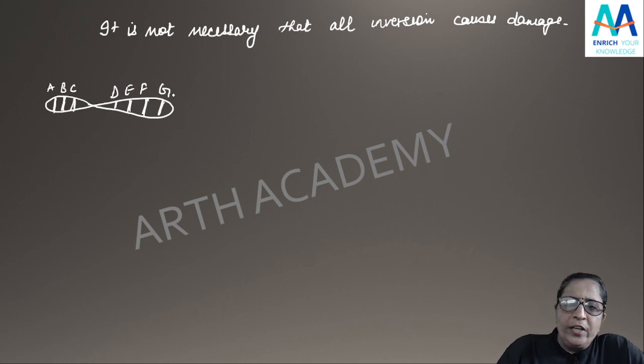So during inversion what I told you, there should be two cuts. If in this case the cut is, I will make a different color, if the cut is between the two genes, it does not hinder any of them. यहाँ पर कट है लेकिन ये जीन्स के बीच में से नहीं है. सपोज ये कट यहाँ से हो रहा है और ये वाला कट यहाँ से हो रहा है.